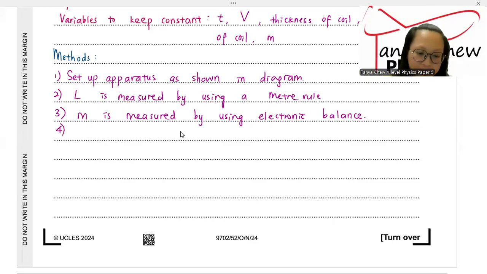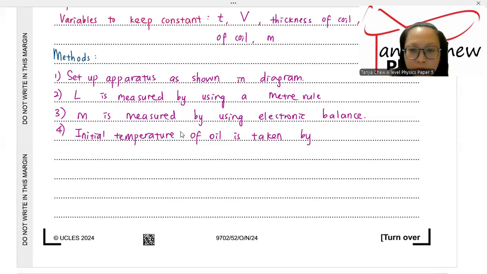And then I said that I'll take the initial temperature of the oil first. The initial temperature of oil is taken by thermometer. I put this as the theta 1 symbol.